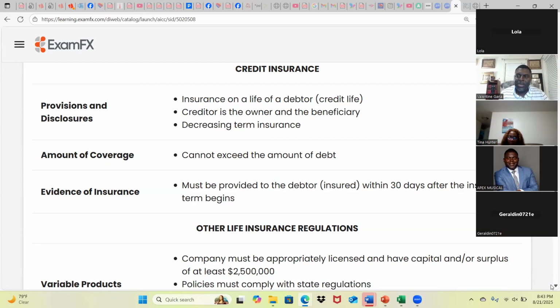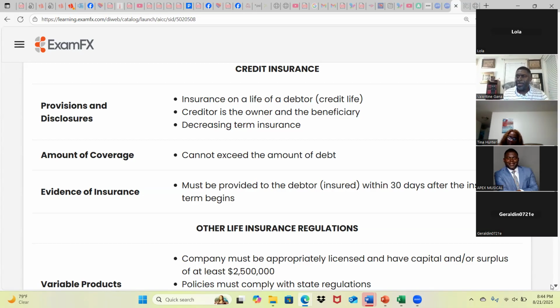Remember that with decreasing term, which is credit life insurance, the bank is the owner, or the creditor. The creditor, which might be a bank, might be a financial company, the creditor is the owner of the policy. The debtor is the insured, and the creditor is the beneficiary.